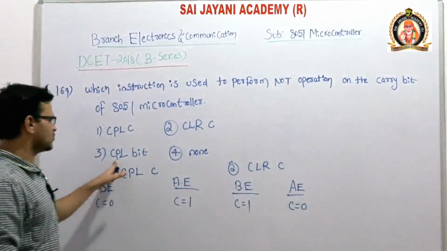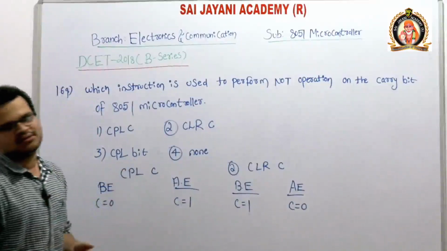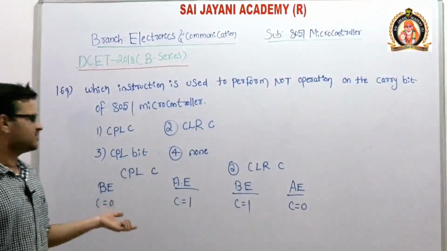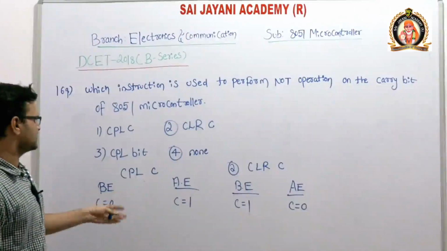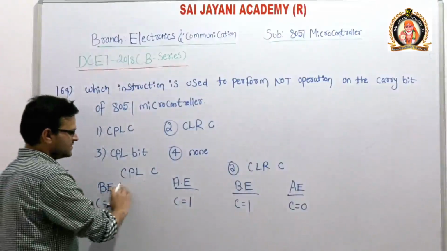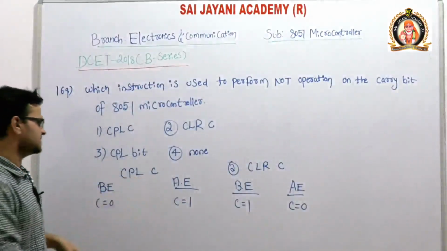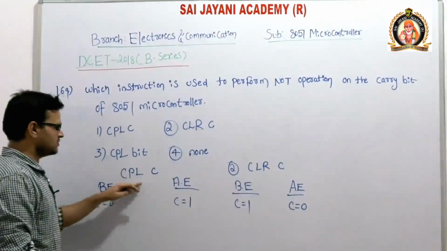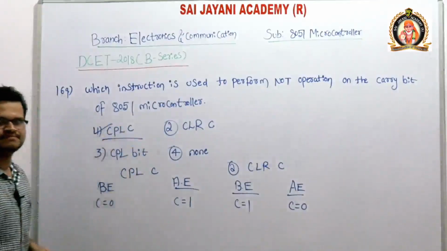CPL also means complement, but it complements a bit, which may be an accumulator bit or a port pin bit. And the fourth option is none. From this we can conclude that CPL C complements the carry flag, so it does the NOT operation. The right option is the first one, that is CPL C.